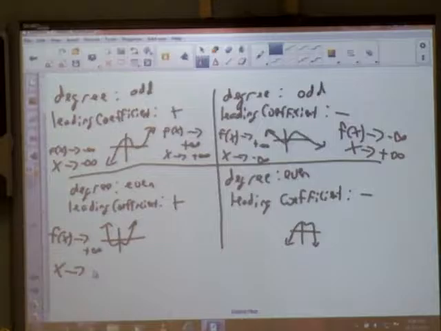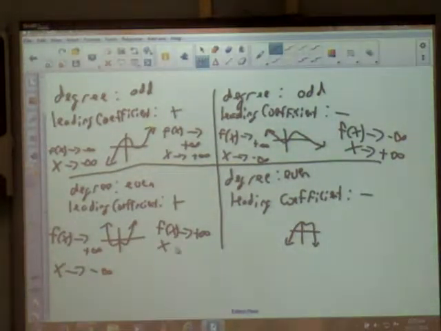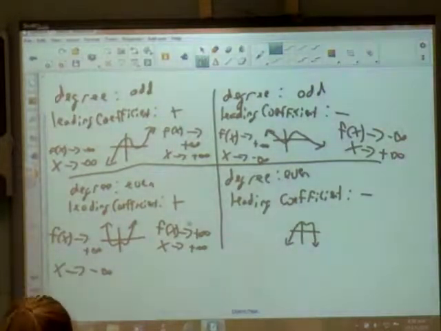It's going to the left, which is negative infinity. But on this side, as f of x approaches positive infinity, the x's are going to the right, so that is positive infinity.